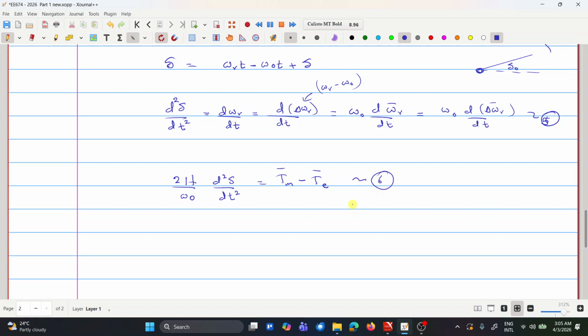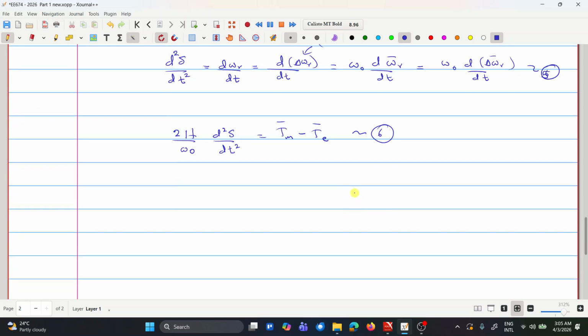Let's say this is equation 6. So now this gives you a relationship between the variation of the angular position of the rotor when the demand changes, or there is an imbalance between the demand and the generation, right?